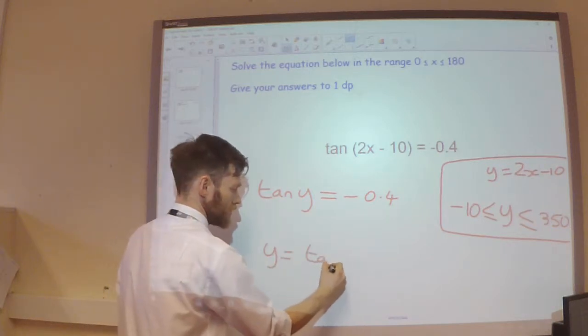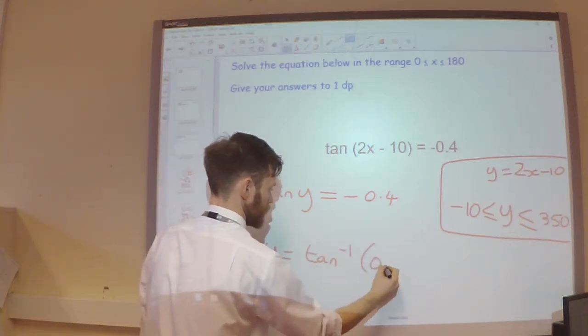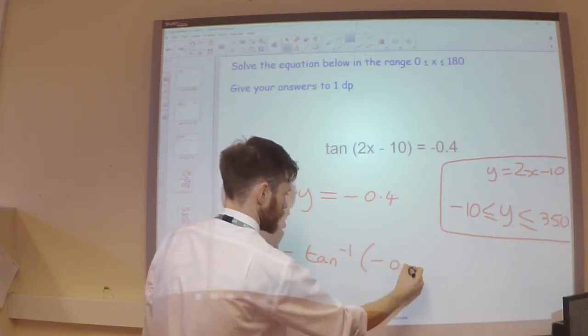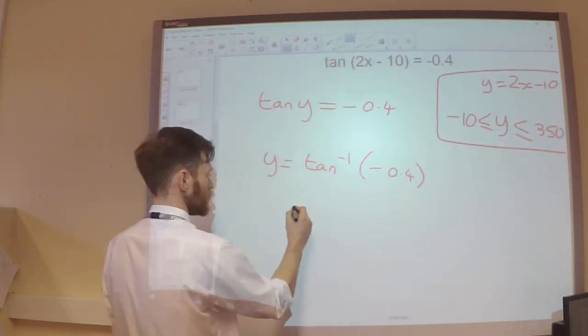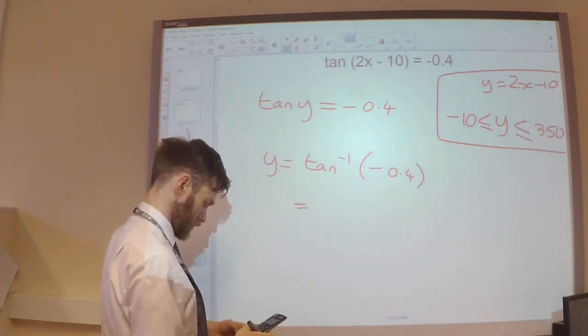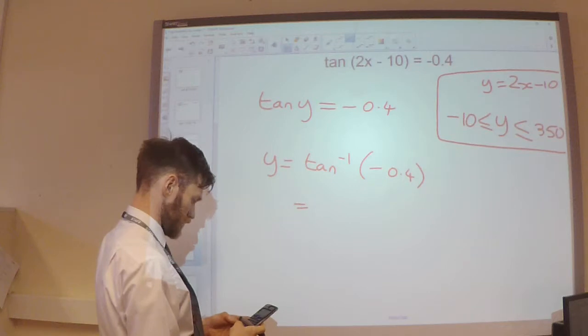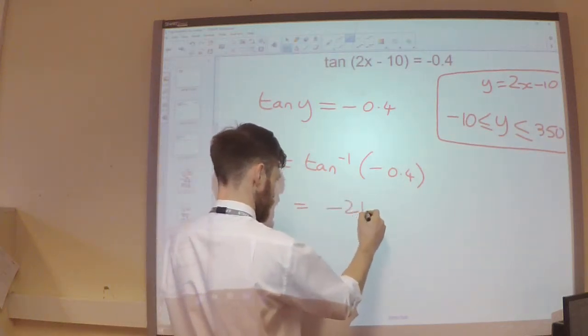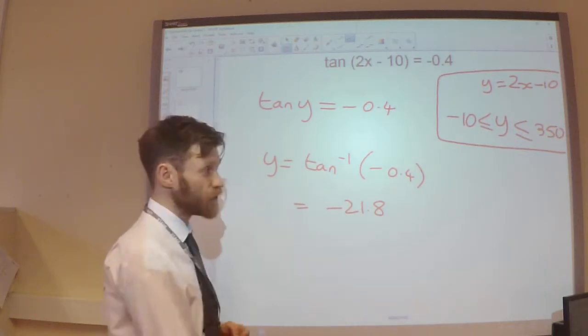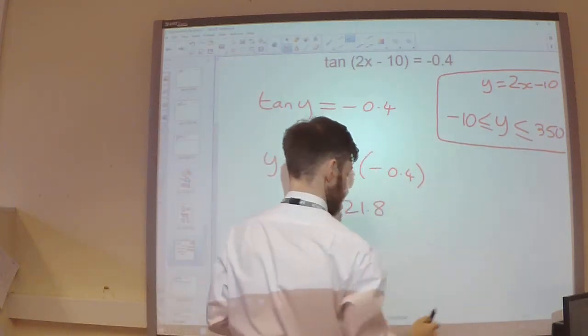Tan inverse. Okay, sketch my graph between these values.